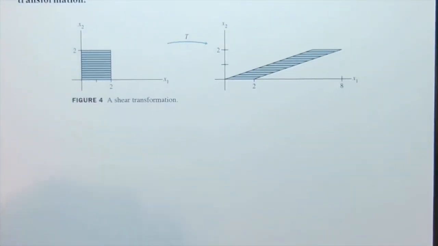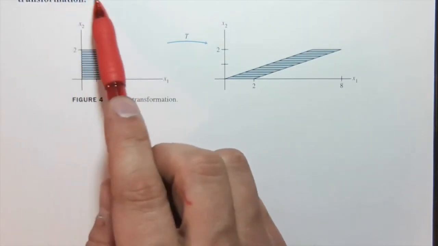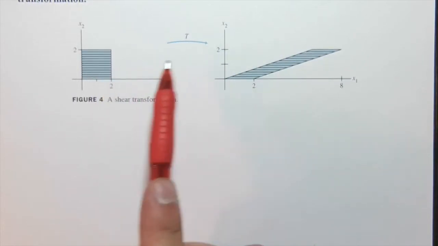All right, let's apply that same idea to a picture. We've got this matrix A, which is going to be our linear transformation matrix. This is a visual of our transformation.